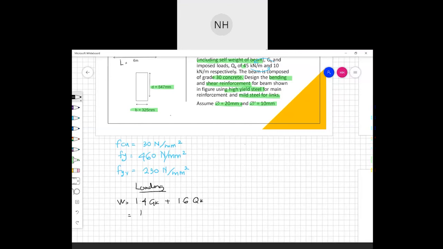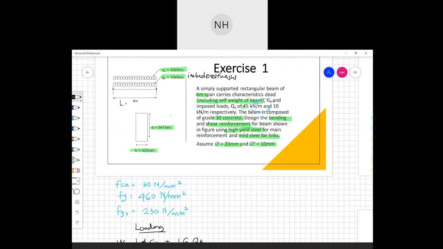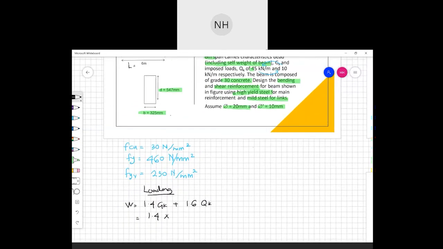Bila kita kira loading, memang this is the first thing yang kita kena kira lah. And then GK is given dalam soalan. Kita tengok this one, ini ada terbalik sikit. GK it is 10 kilonewton per meter, plus with 1.6 times the QK, which is 45 kilonewton per meter.